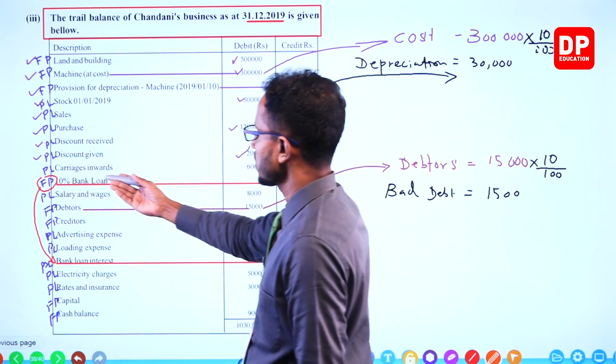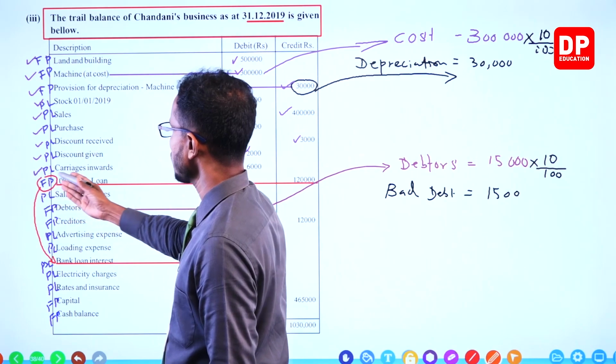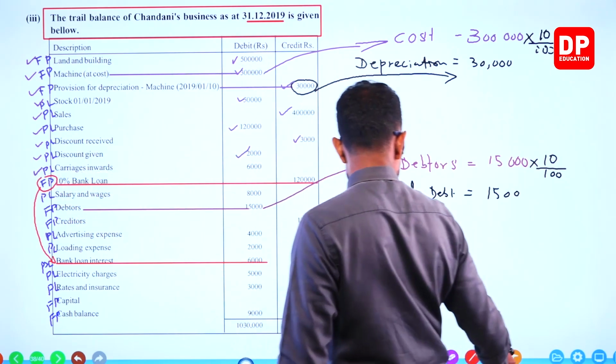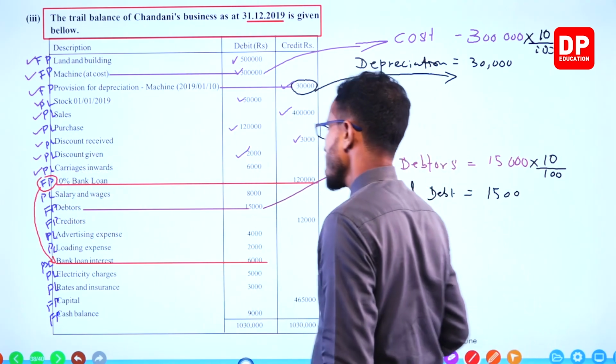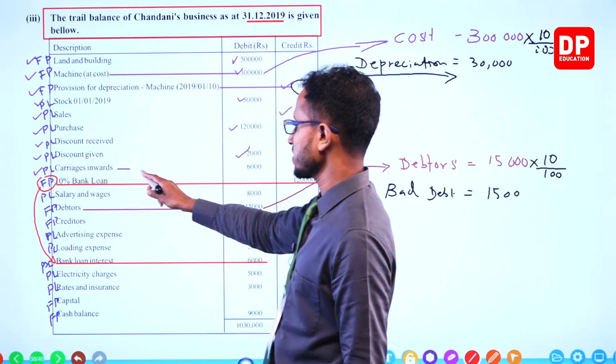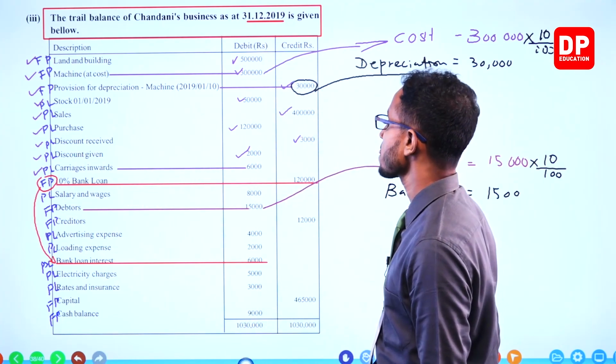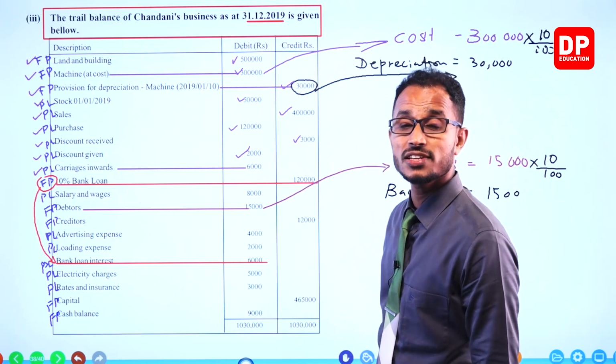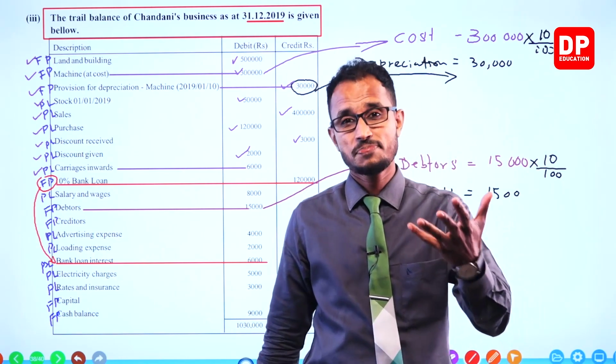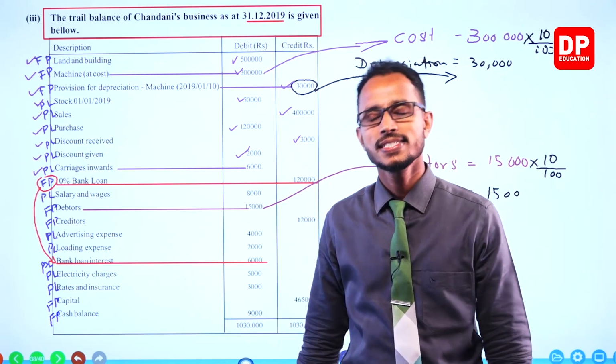Carriage inwards. Here we go. Carriage inwards is a purchase related expense. That's why we kept that space under purchases.